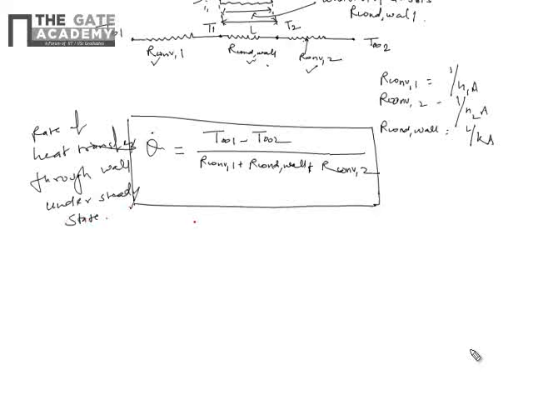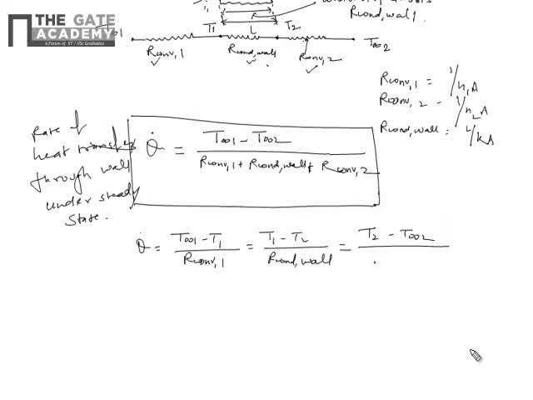From the electrical analogy, we can write this Q dot as T infinity 1 minus T1 upon R convection 1 is equal to T1 minus T2 upon R conduction of wall is equal to T2 minus T infinity 2 upon R convection 2.